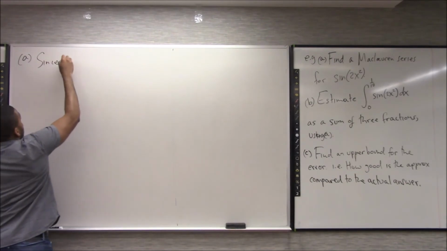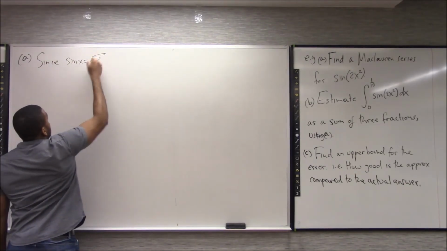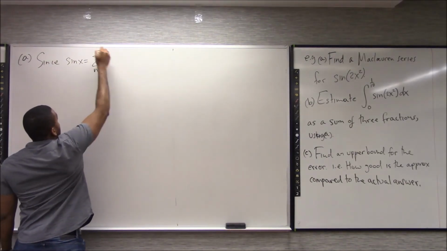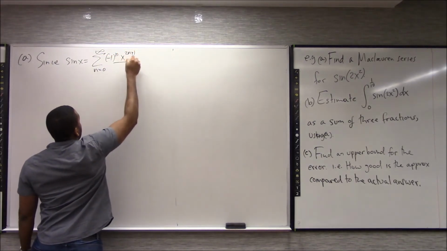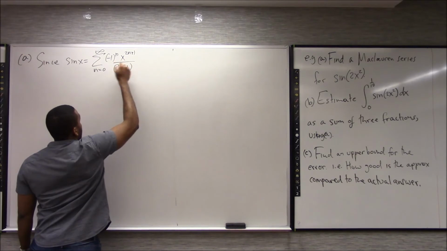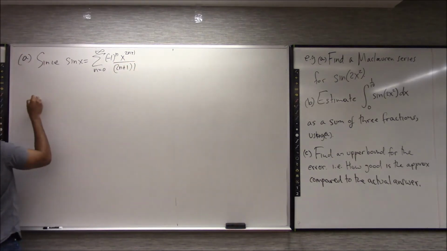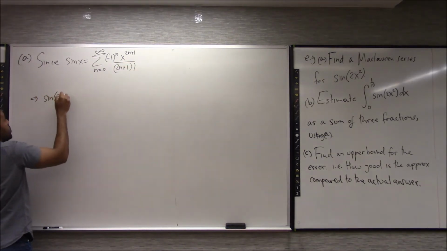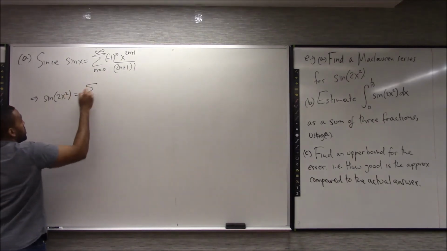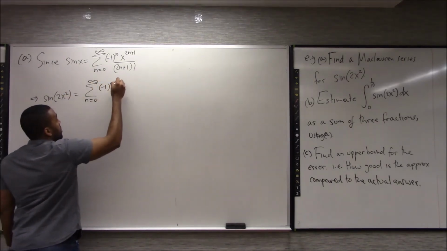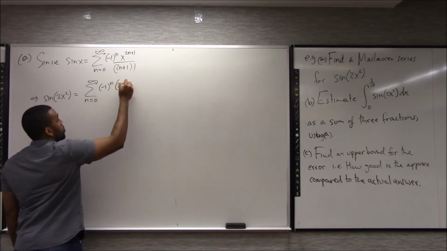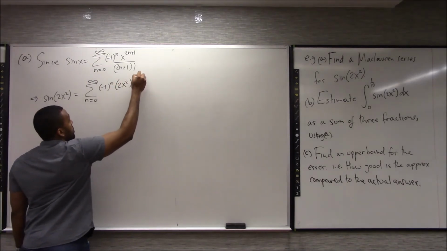Since sine x is the series sum of minus 1 to the n x to the 2n plus 1 over 2n plus 1 factorial, this means that sine of 2x squared is going to be, just replace 2x squared with the x.